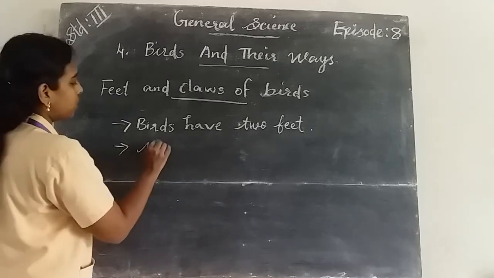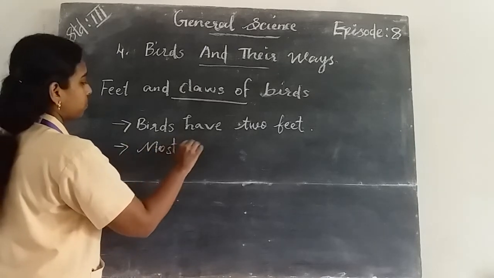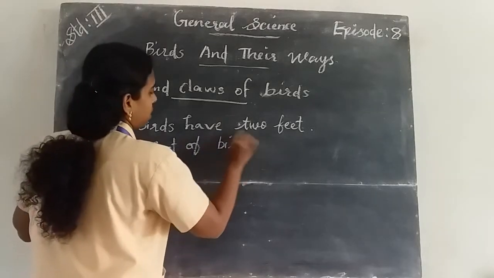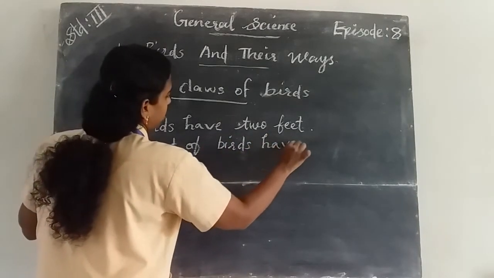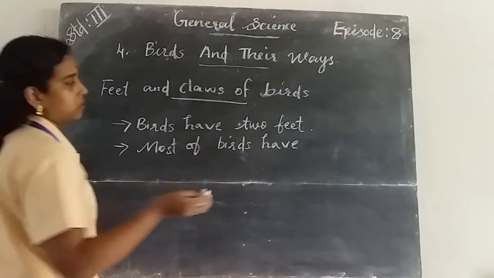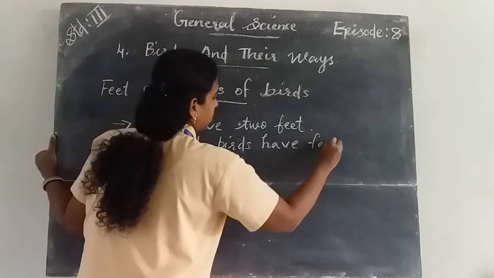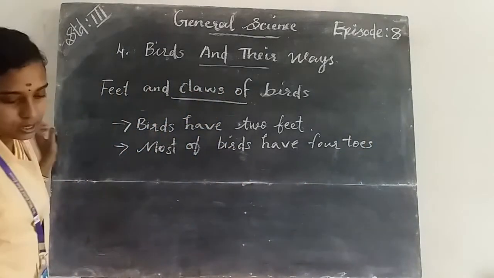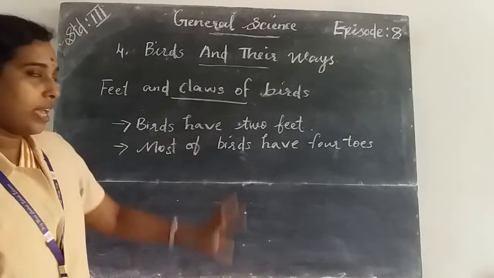So most birds have 4 toes, which are seen on their feet.